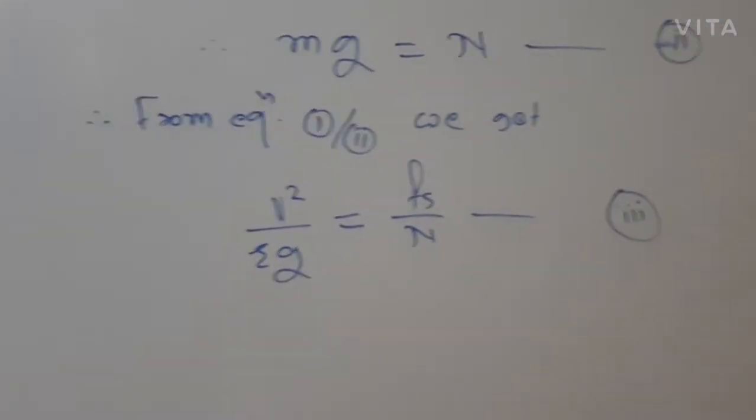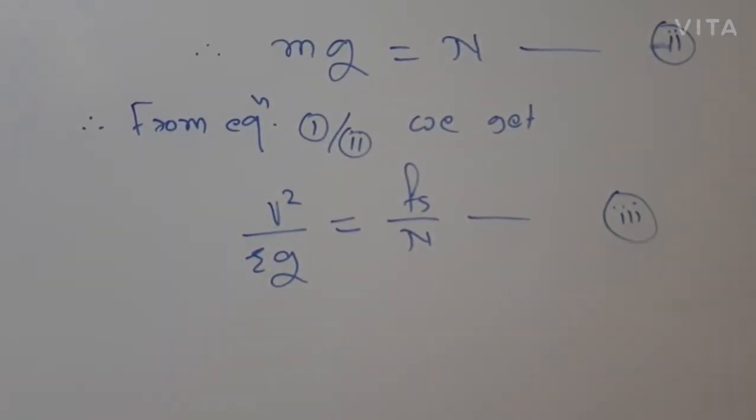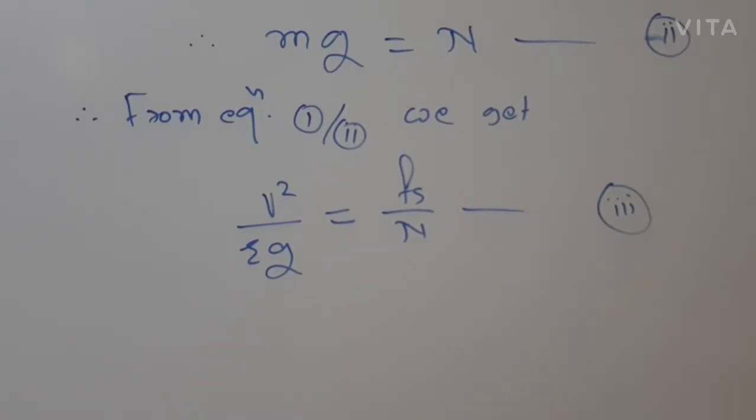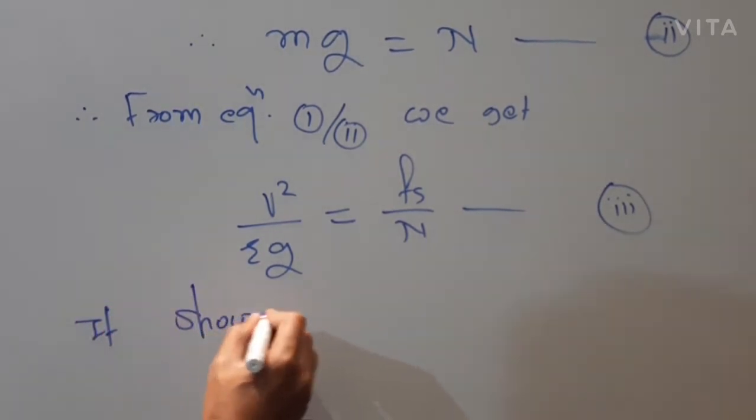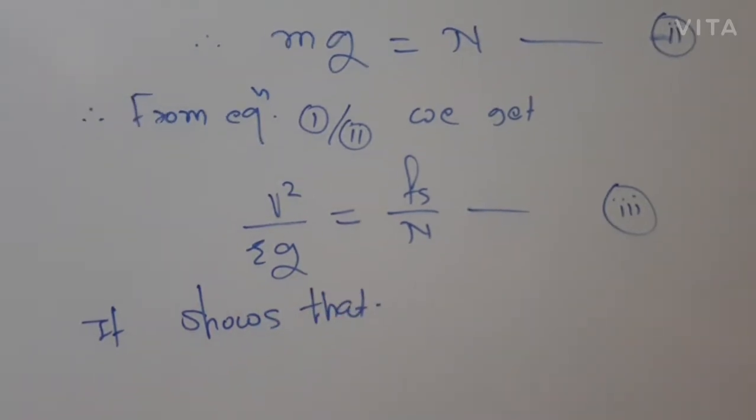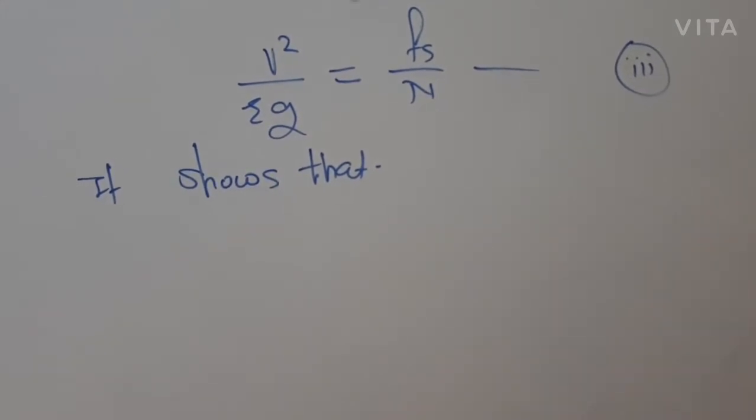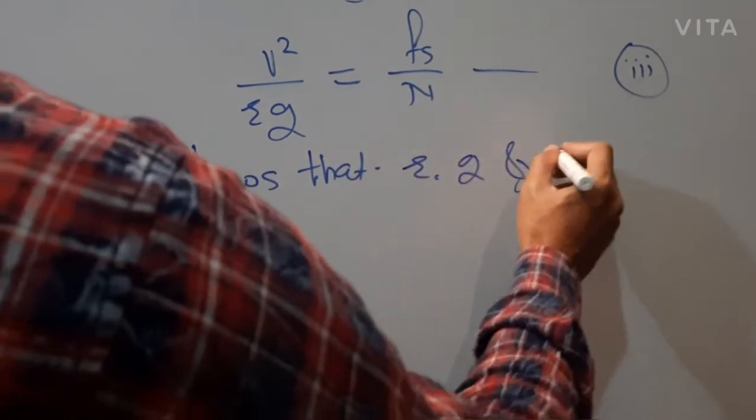Now this equation 3 shows that r, g and N are constants, and therefore if the speed v of the vehicle increases, the force of friction Fs also increases. So write down, it shows that r, g and N are constants.